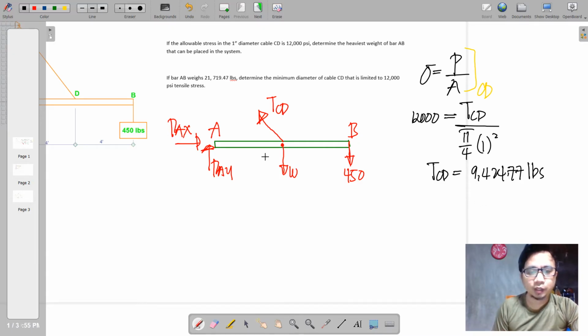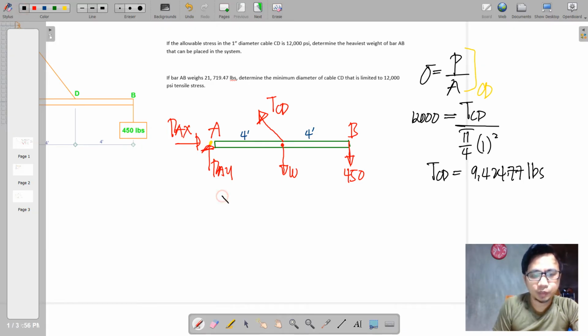We can do that by taking moments at A. Of course, it's obvious that we're going to take moments at A because then RAX and RAY are out of the picture. So we will be concerned with the distances here. Say this is 4 feet and that is 4 feet.